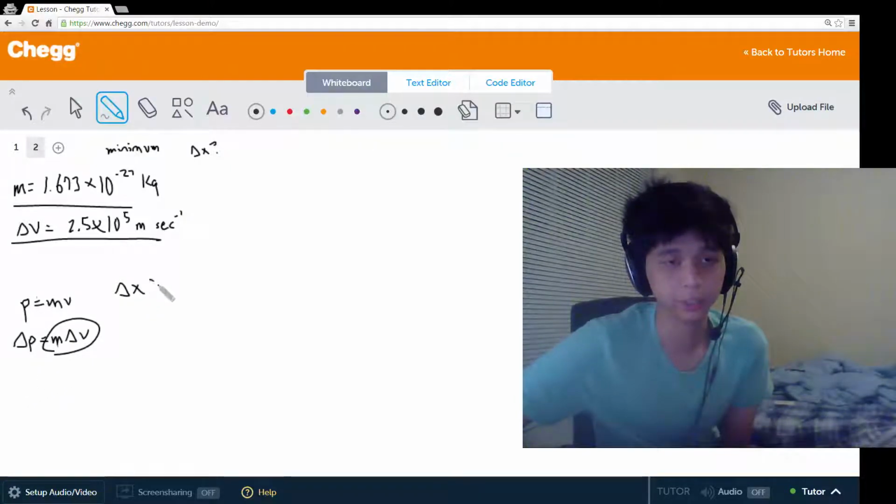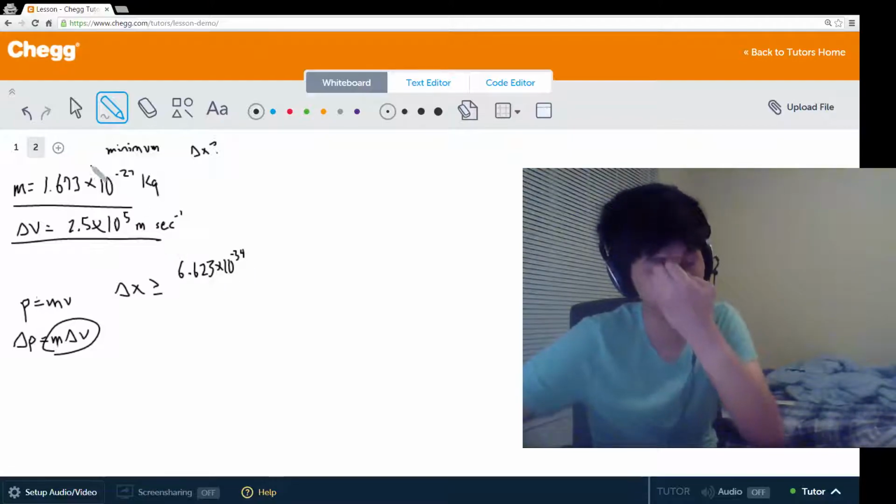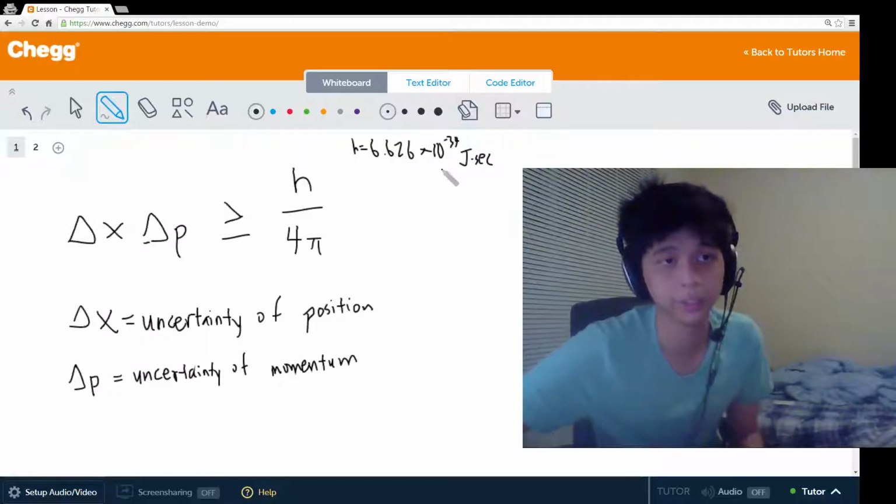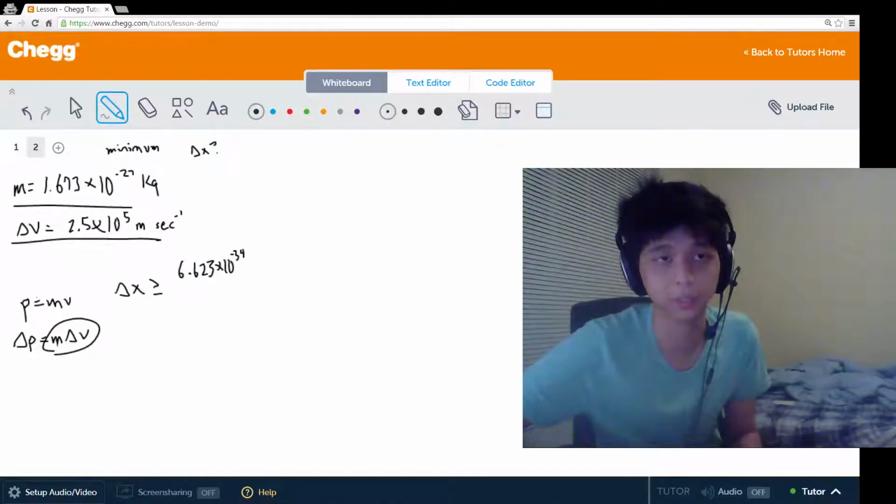So we rearrange our Heisenberg uncertainty equation to read delta x is greater than or equal to our h, which is 6.623 times 10 to the negative 34. And in this case, for the units of Planck's constant, instead of the joules times second that we used previously, we're going to rewrite it as equivalent but different units in order to illustrate the unit canceling that goes on with all the other units in the equation.